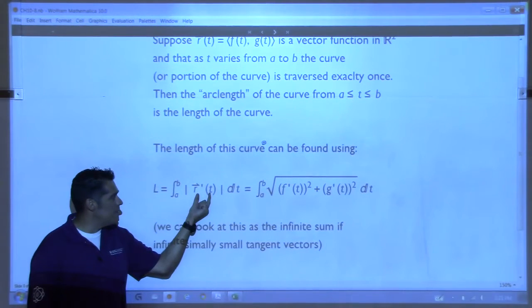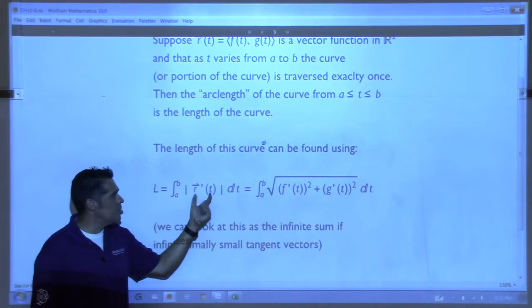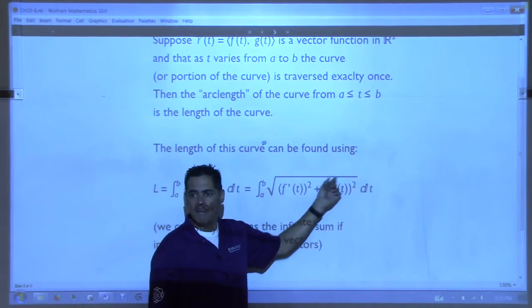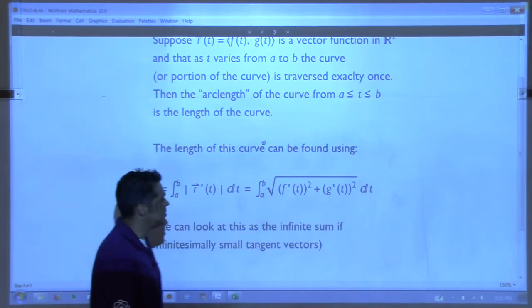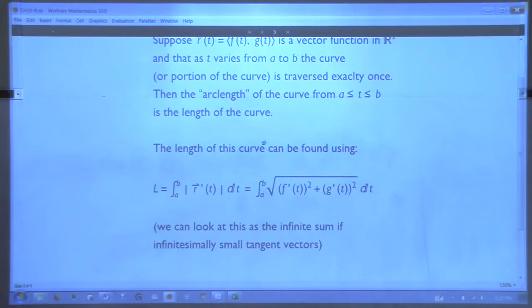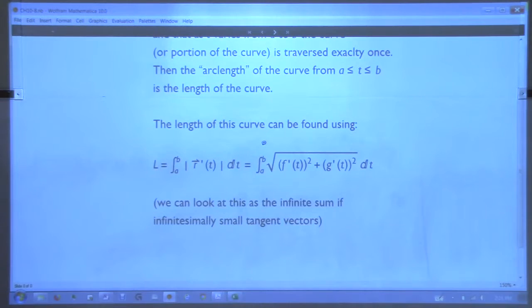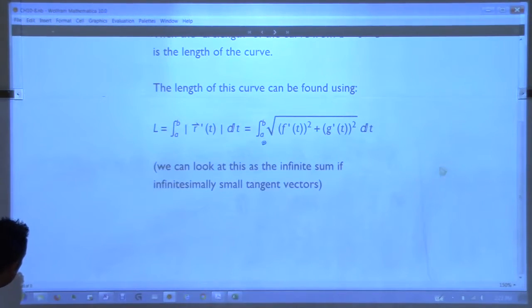So remember, the derivative is easy to take. Its magnitude means the square root of the sum of the components squared. So maybe I can motivate this with this idea.